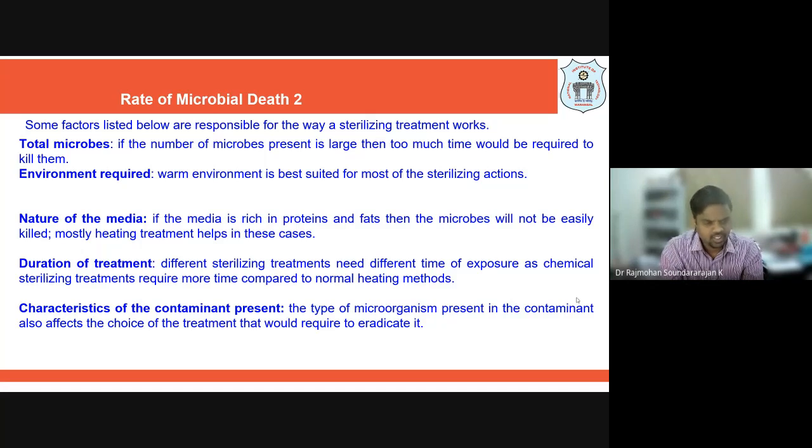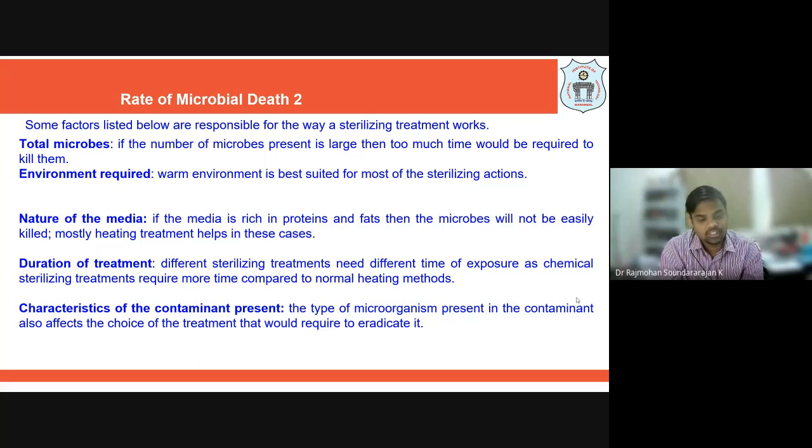Another factor is the duration of the sterilization treatment. As I said, different sterilization methods require different times of exposure, because there are chemical sterilization treatments that require more time compared to the normal heating methods. Other than that, what is the nature of the contaminant?